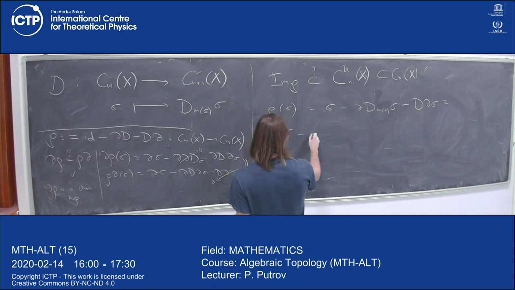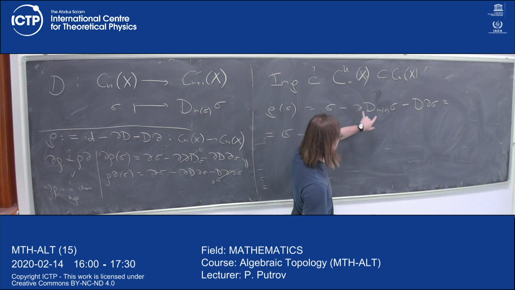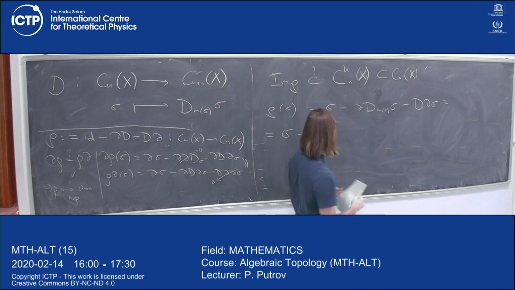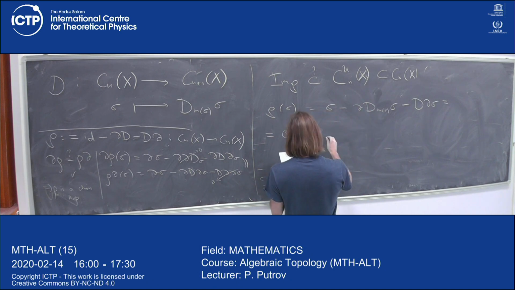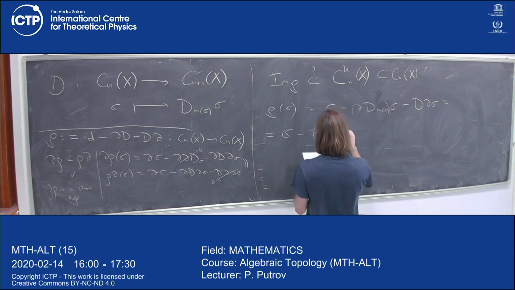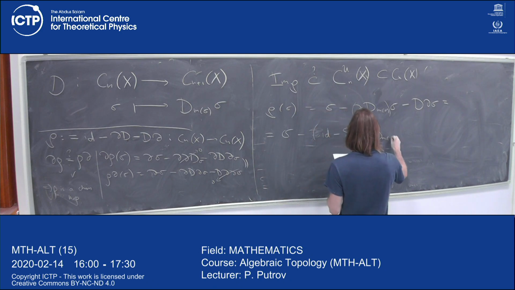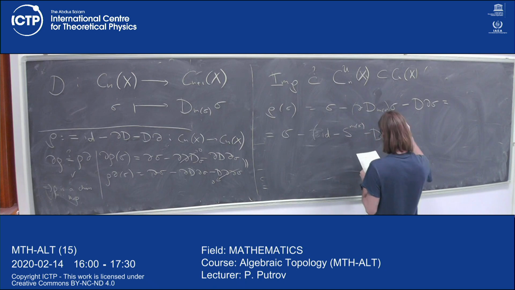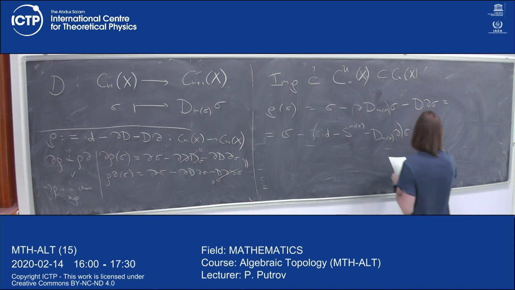So we showed the following identity on this combination: this combination can be replaced by the identity minus s to this power minus d_m sigma d sigma. Okay.